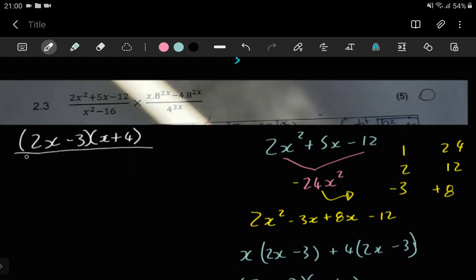Down here, this is the difference of 2 squares. Up here, we can take out 8 to x as a common factor. And then x minus 4.